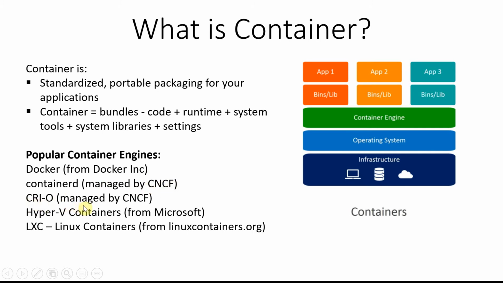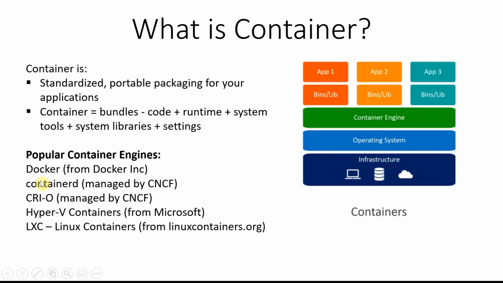CRI-O is also there. Docker is definitely popular, but next to Docker, Containerd and CRI-O are getting popular because they are more compliant to OCI standards, which is Open Container Initiative standards. Docker has some limitations in that, so slowly Docker is coming down.